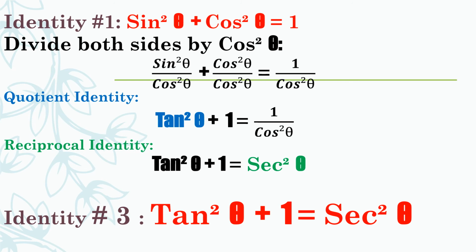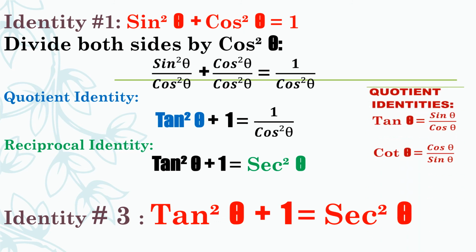We are going to use the quotient identity first. We all know that sine over cosine is equal to tangent. So we have now tangent squared theta plus 1. Why 1? Because cosine squared theta over cosine squared theta is equal to 1. Then copy first 1 over cosine squared theta.